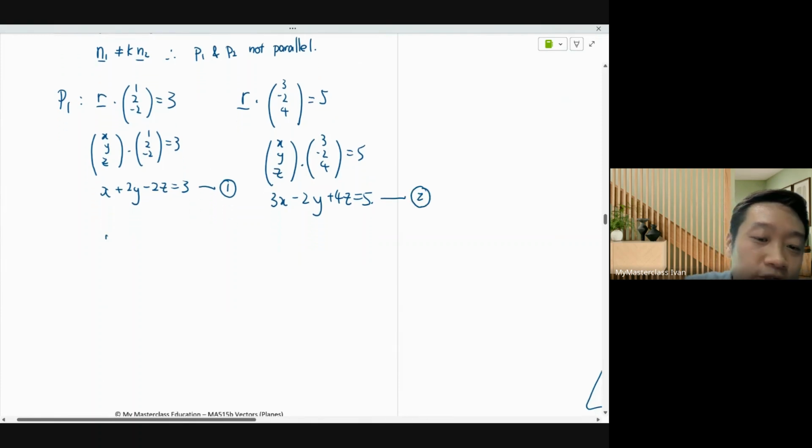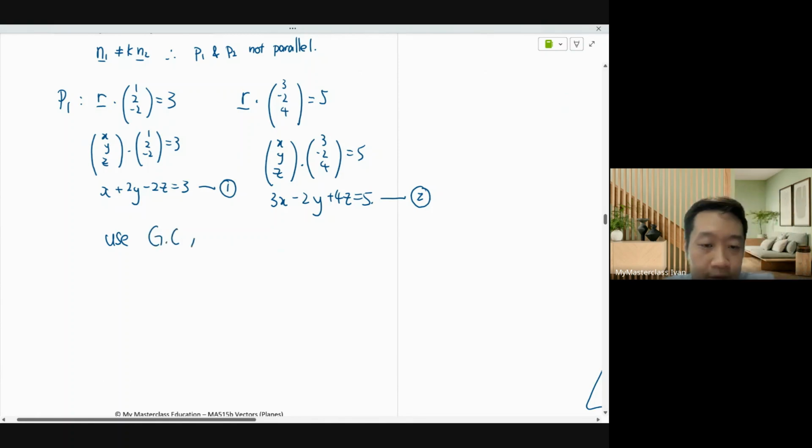But use your GC. Using the GC, go to the poly simultaneous solver.